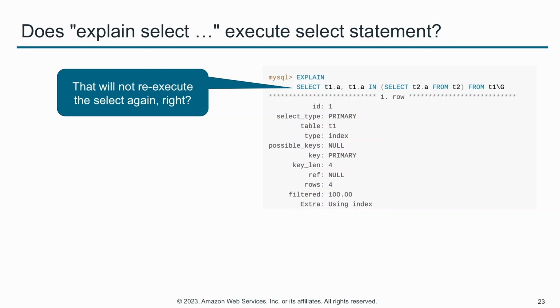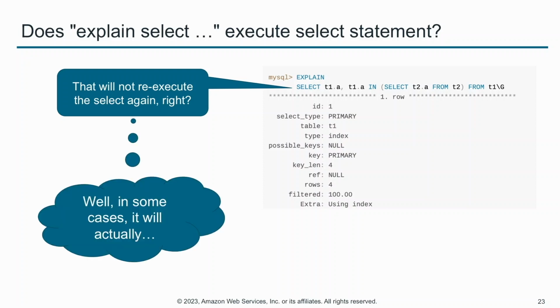If you run the explain plan, you put the select statement, will it execute it? Should not, right? But in some cases, actually, it can execute. Explain usually just needs to provide the statistics, the information about the plan.